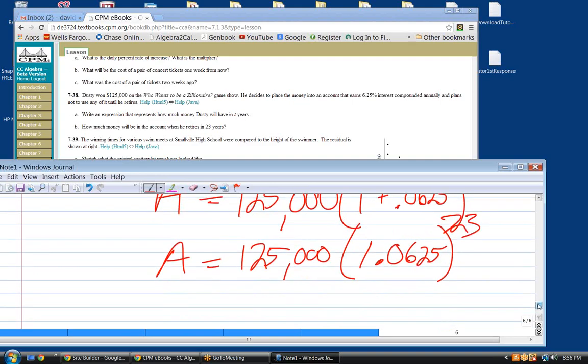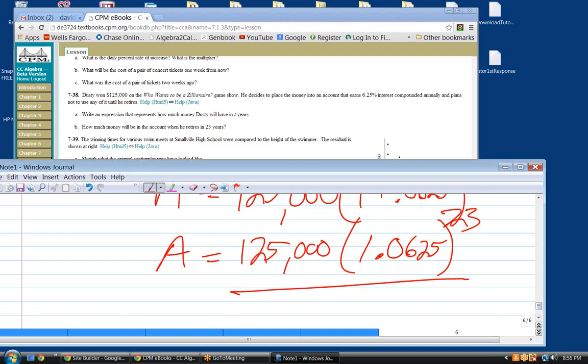So now you need to put that number into your calculator, do the exponential first, take 1.0625 to the 23rd power, and then multiply it by 125,000. What do you get? Wait, and then multiply it by what? By the coefficient, 125,000.